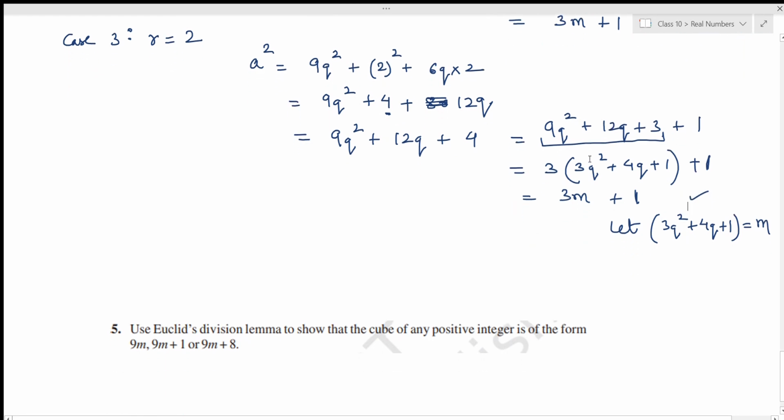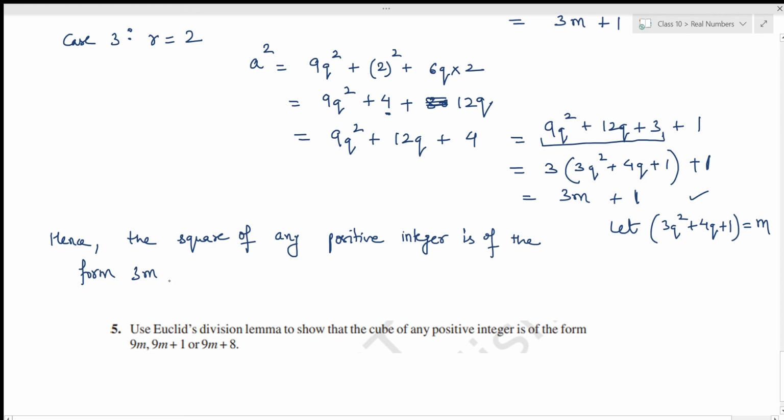So you can say that hence the square of any positive integer is of the form 3m or 3m plus 1 for some integer m.